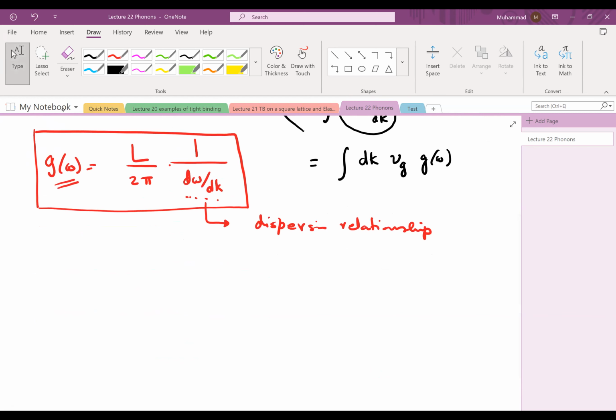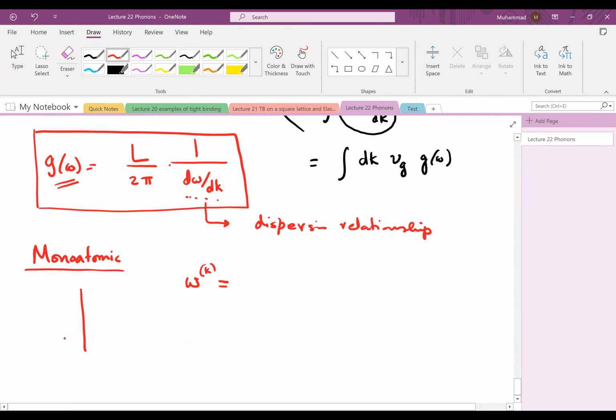So suppose I have a monoatomic lattice, a monoatomic crystal. I know that the relationship between omega and k is given by sine ka over 2. This is, if I remember, 2 alpha over m sine ka over 2.